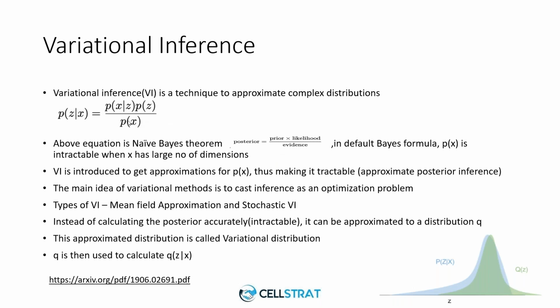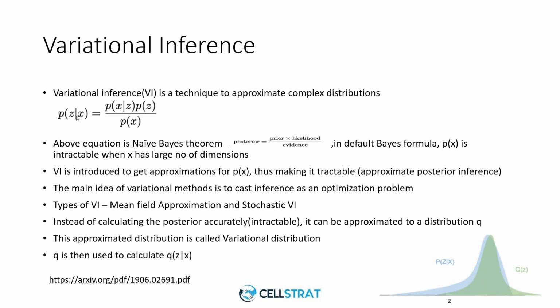So this is a challenge with respect to variational autoencoders. Now, how to solve this? Since P of X is intractable, this makes our posterior distribution also intractable.